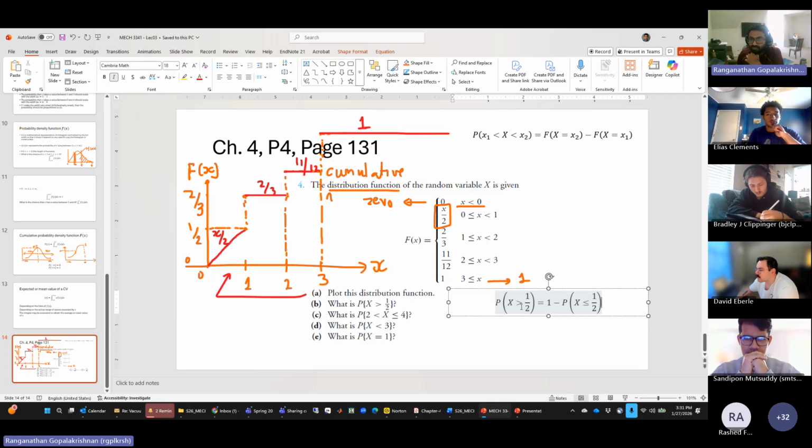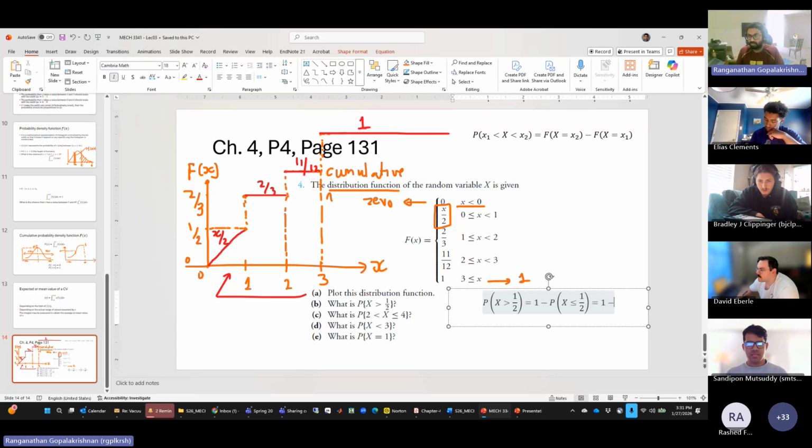By x greater than half, we are asking for anything half or more. I'm saying that must be the total minus anything that's half or less. Is that okay to write? So this will be 1 minus the probability of x less than 1/2. How is that defined?